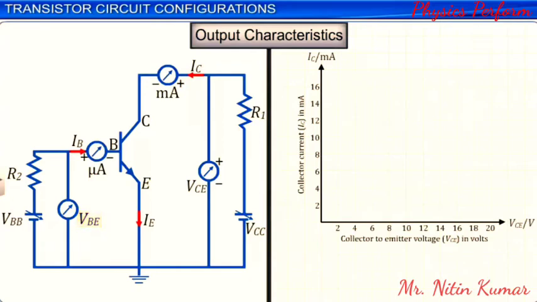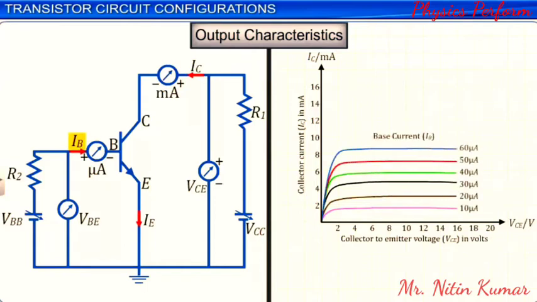As a result, the base current, IB, and the collector current, IC, increase proportionately. Thus, the different constant values of the base current, IB, give different output characteristics as shown here.